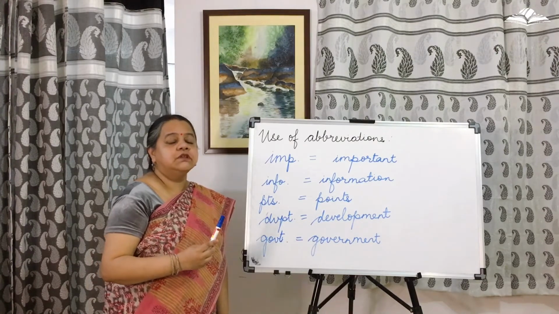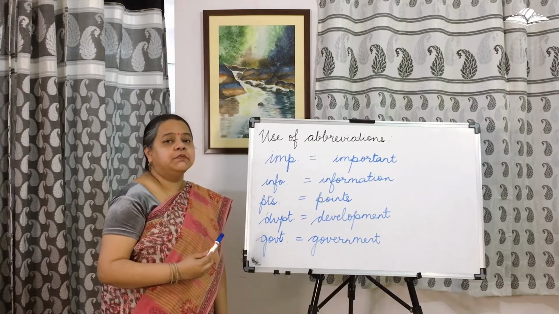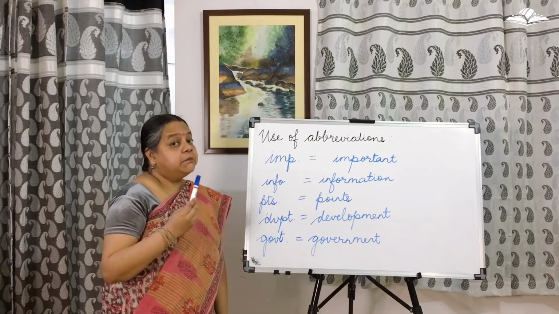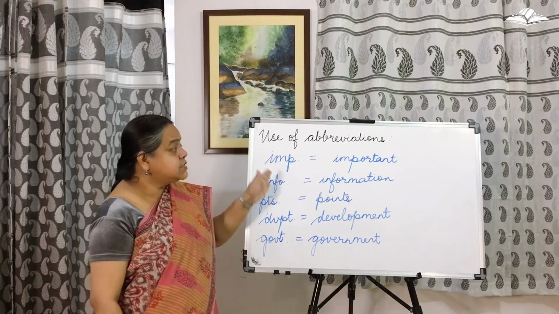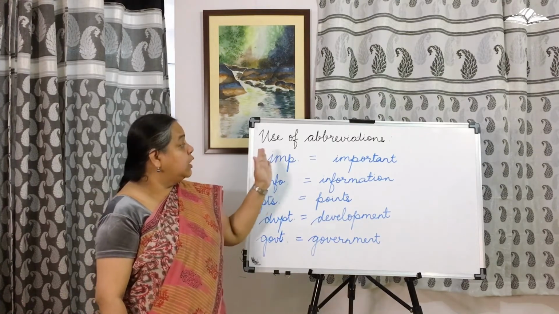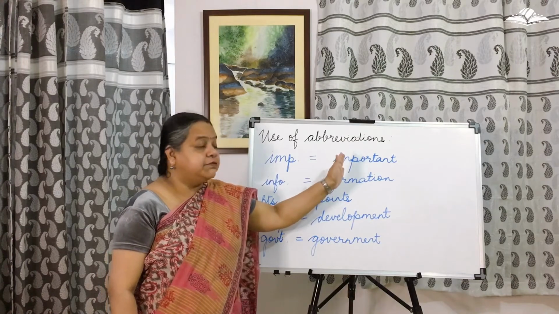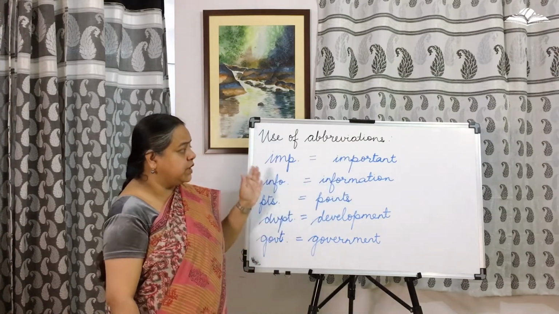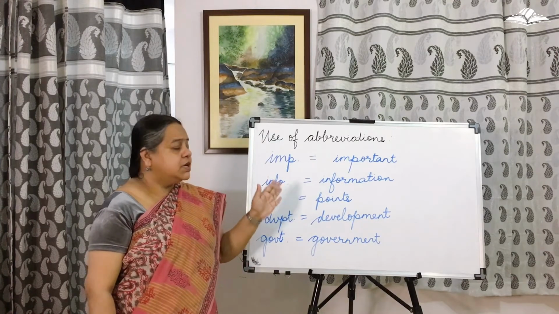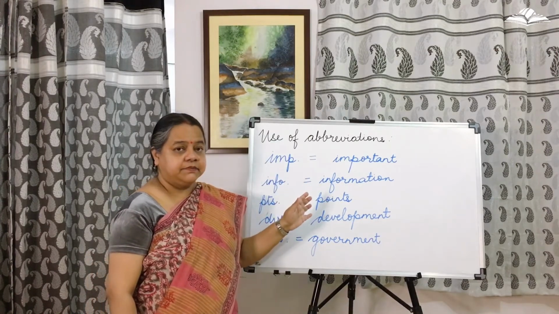In this way, children, you can make endless number of abbreviations, but just keep in mind that at the end you have to list all the abbreviations, and along with them you have to give their complete words as well, so that whoever is going through the abbreviations and the passage can understand.